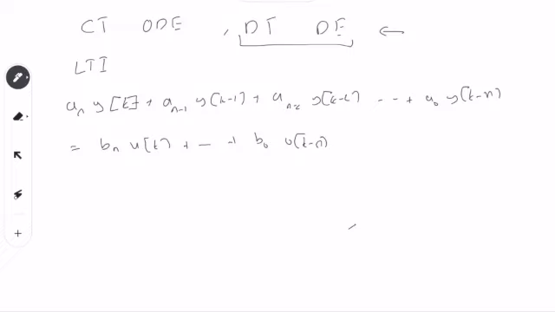This is a causal linear time invariant difference equation. If you look at the structure, it's very simple.